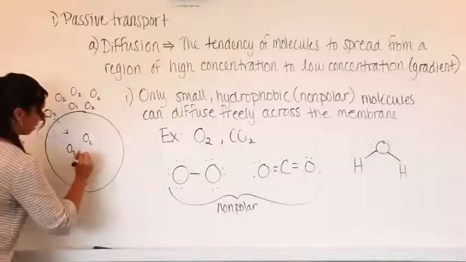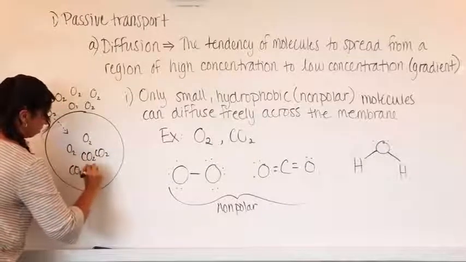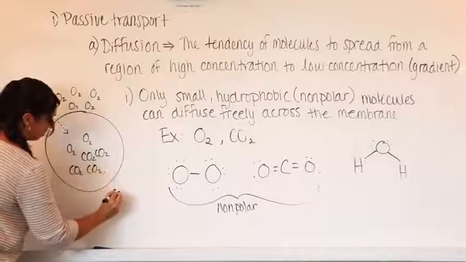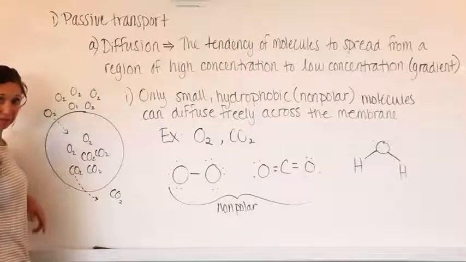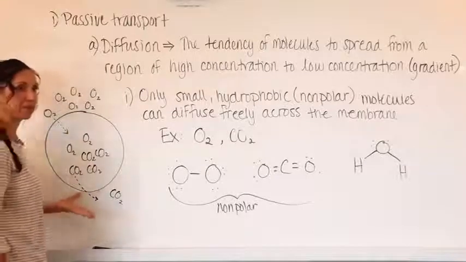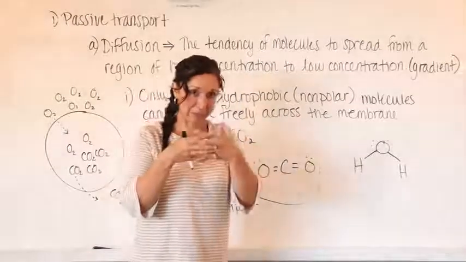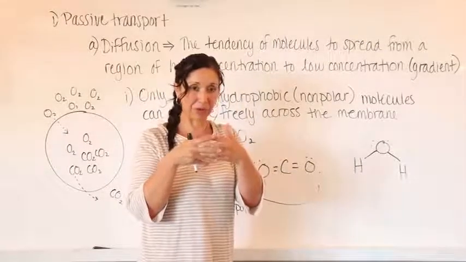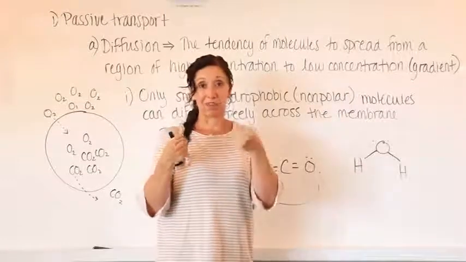Vice versa, if I have high CO2 on the inside and low CO2 on the outside, CO2 is going to diffuse out of my cell. That's something you would see in the capillary beds where veins and arteries like to meet. That's when you get that gas exchange going on. And that is the reason we breathe.